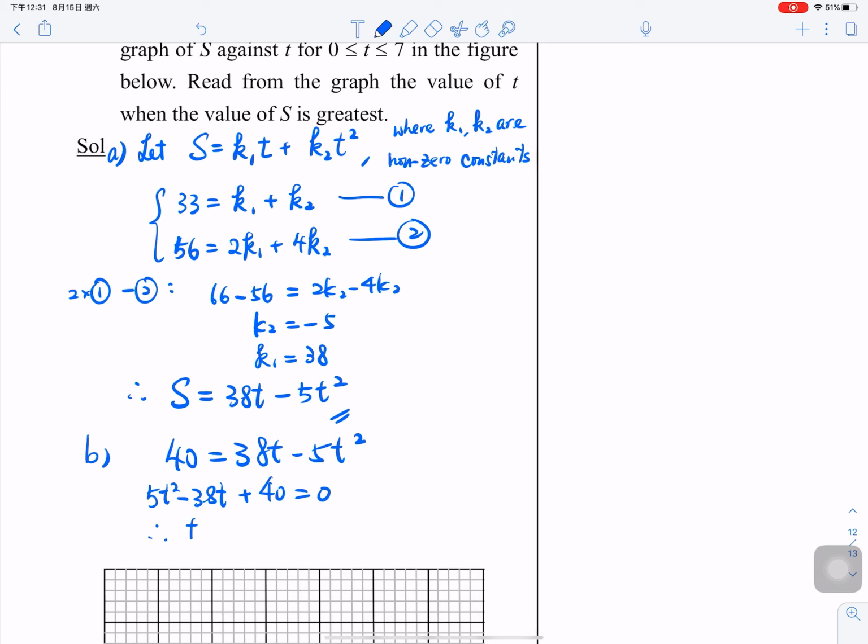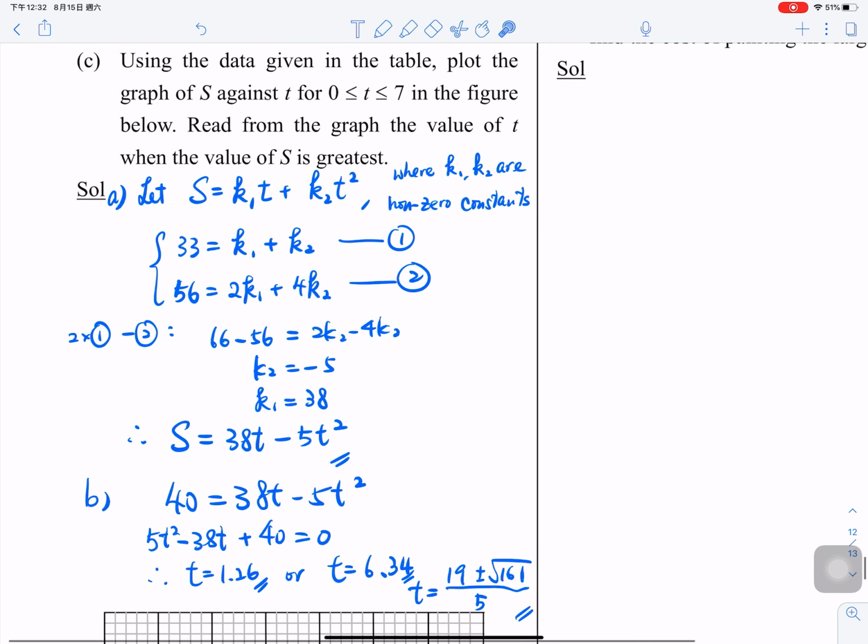And you see that t equals 1.26 or t equals 6.34, right? If you solve by the quadratic formula, you find that t equals (19 plus or minus square root of 161) all over 5. Okay, both correct.